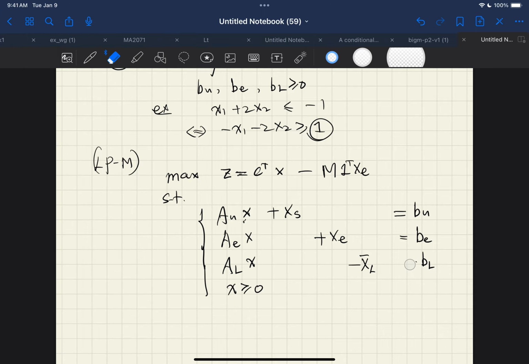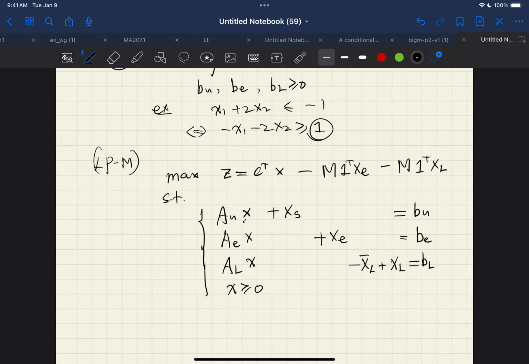However, if we do the simplex method, we cannot find a pivot position from the last set of constraints, because negative x bar L equals BL means x bar L as a pivot position becomes negative BL, which is a negative number, not feasible. Then again, we do the same trick. We add another set of artificial variables. We call that XL. But for this, we need to again penalize the objective function corresponding to XL.